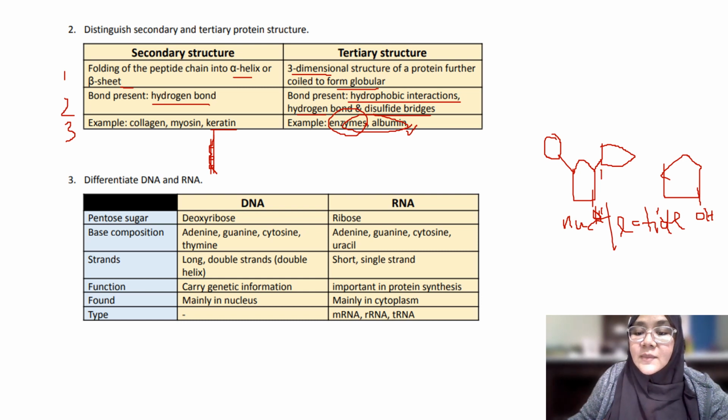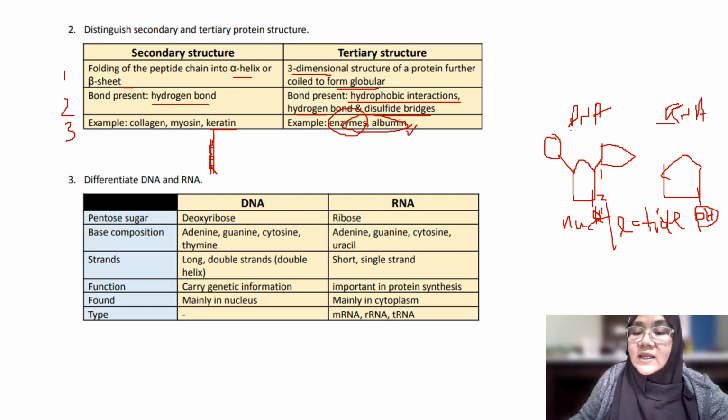For DNA, carbon number 2 has a hydrogen atom, but RNA, this is RNA, carbon number 2 has an oxygen hydroxyl group. Okay, however, for DNA, carbon number 2 only has a hydrogen atom. That's why it is called deoxyribose, because it lacks oxygen. Okay, deoxy. But RNA has oxygen, so we call it only ribose. Okay, the sugar has OH, so it is called ribose.